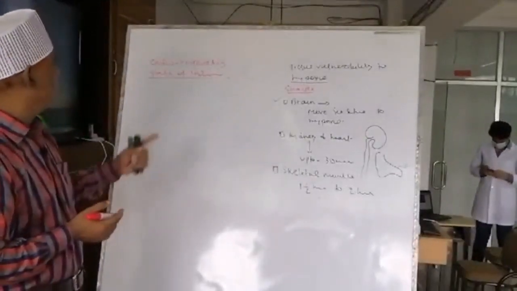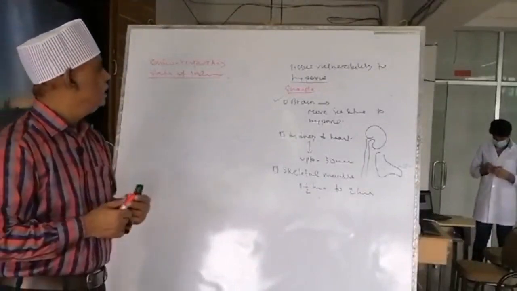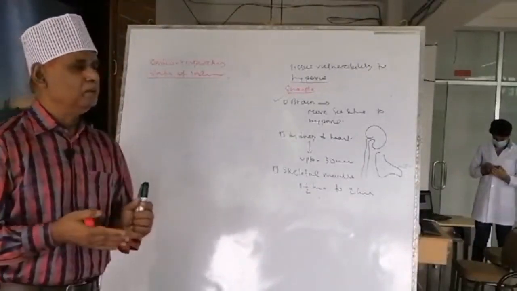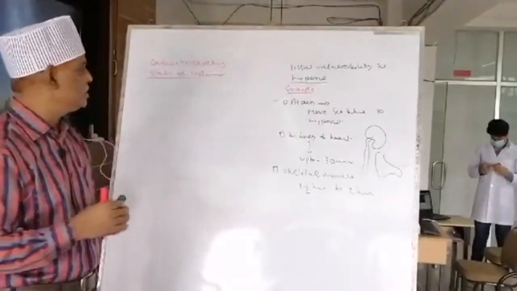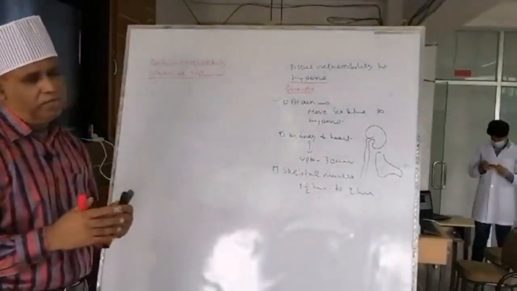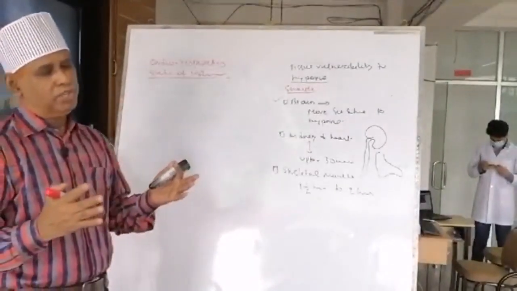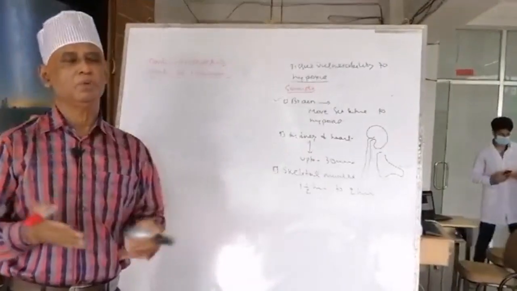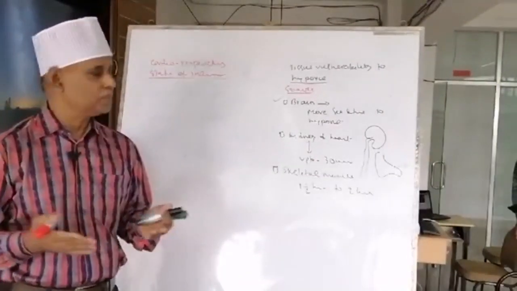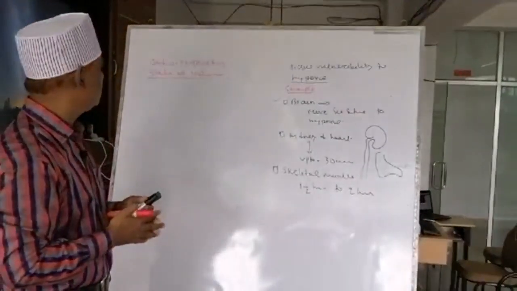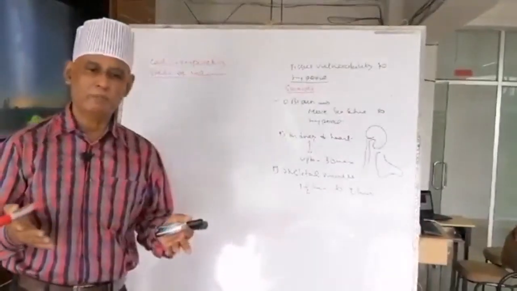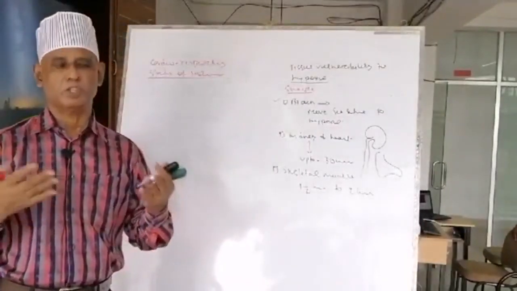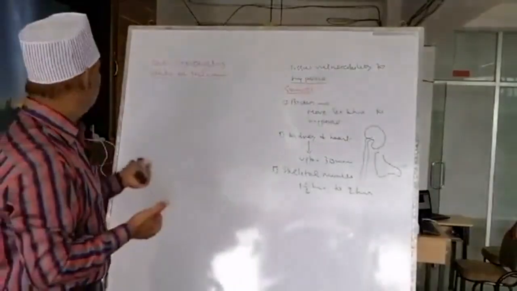I have told you there are so many factors that influence infarction. Diminished oxygen content of blood enhances infarction, and an increased rate of development of arterial occlusion also enhances infarction.